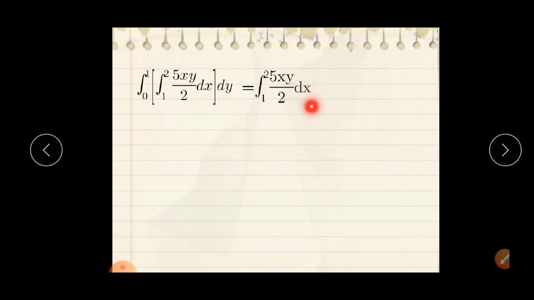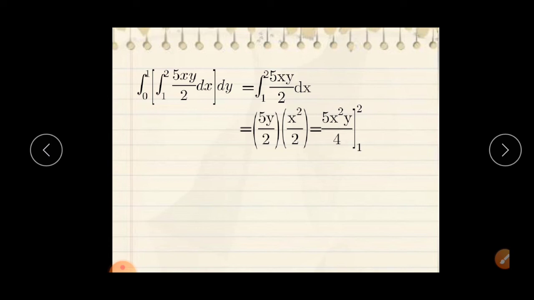The dx here tells us that we're integrating with respect to x, which means we treat the other variable as if it's constant. The other variable here is y, so we must treat it as a constant. The antiderivative of x is x squared over 2. So 5y over 2 times x squared over 2 gives 5x squared y over 4.